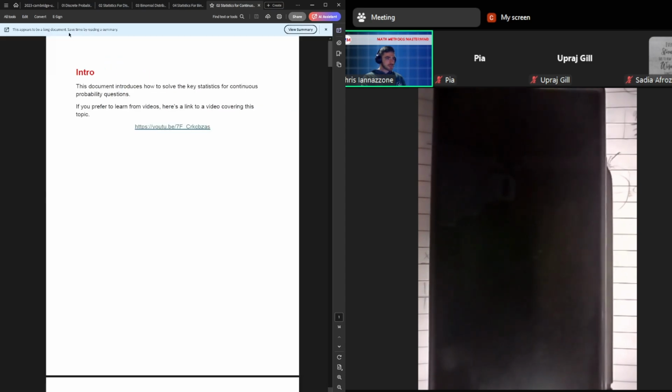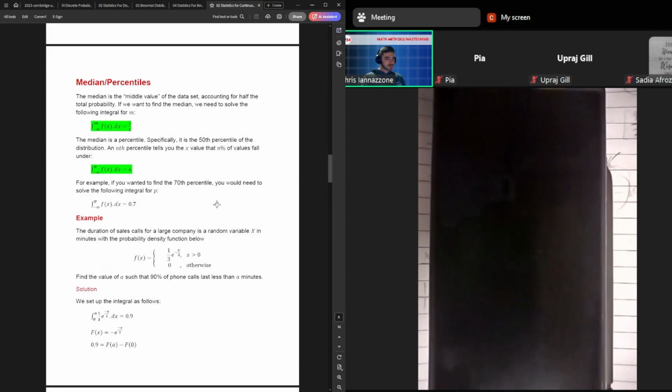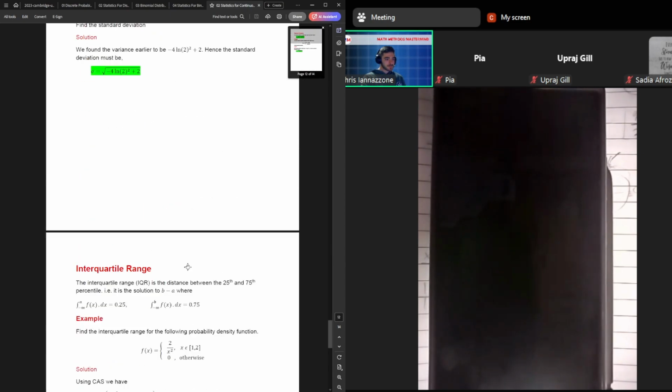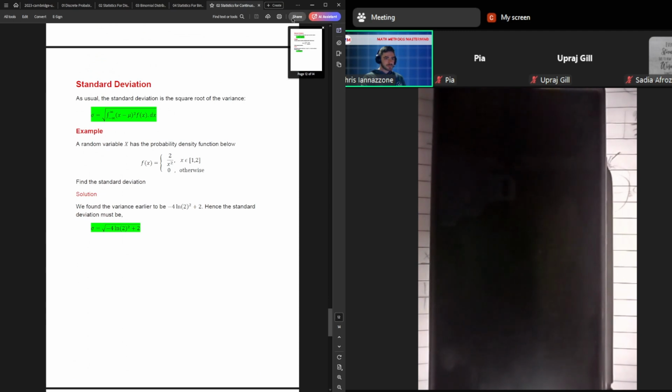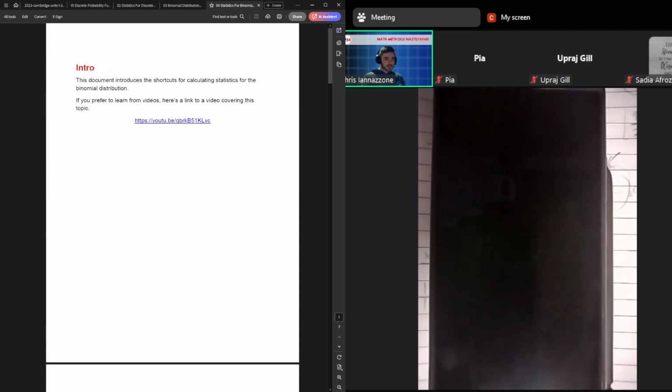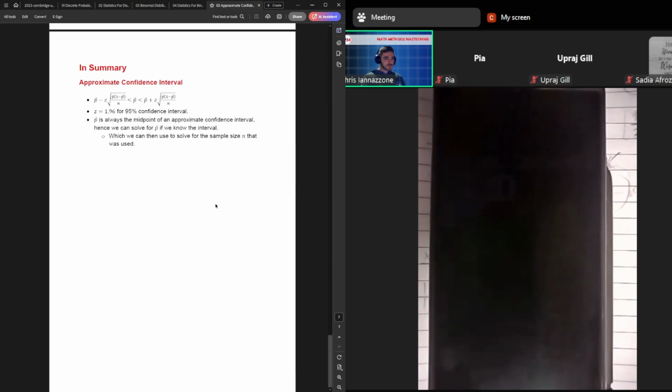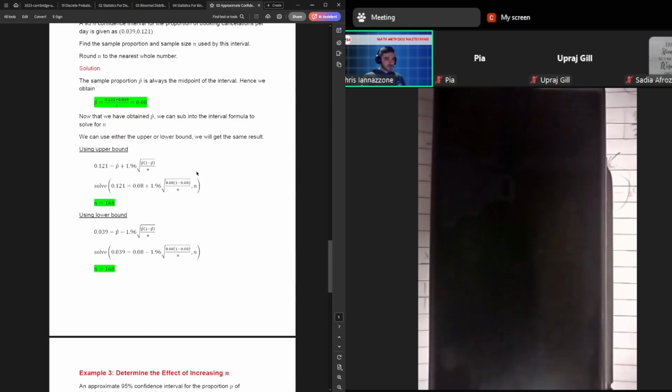Continuous? Where's a good continuous? Where's a good one? Not there either. Alright, I know definitely one, which will be sampling and estimation. Confidence intervals. Okay.